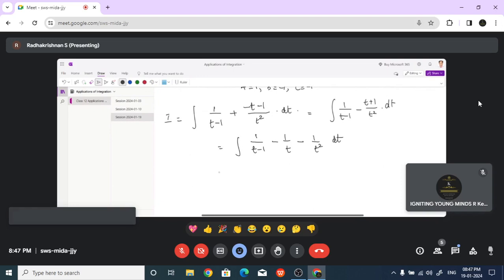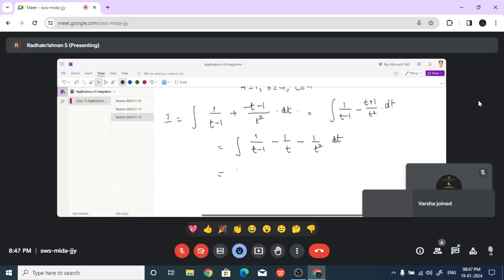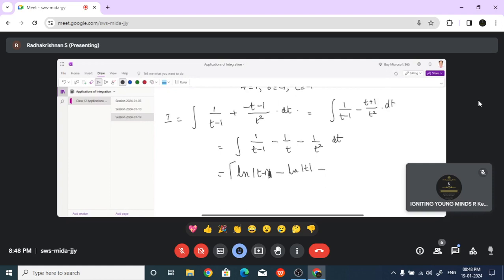Now you tell me, what is the integral of 1 by t minus 1? ln mod t minus 1, minus ln mod t. And what is the integral of 1 by t square? That is t power minus 2.